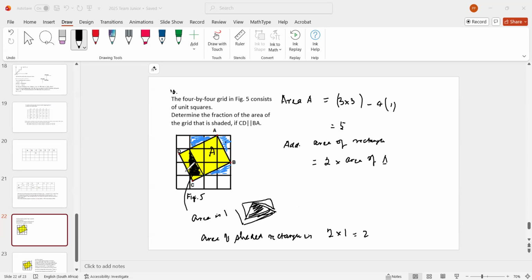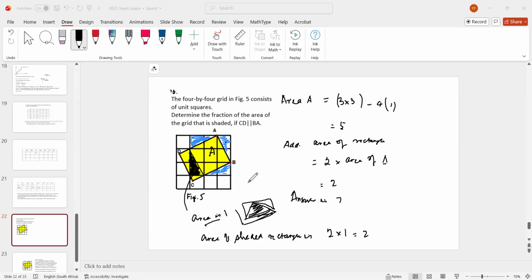Because this area is 1, half base times height. This area is 1. I've got it there. And therefore the area of this rectangle will be twice that, which is 2. So add the area of the rectangle, it's 2, therefore the answer is 7.